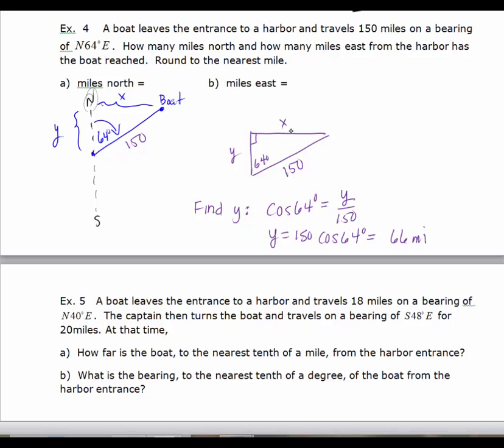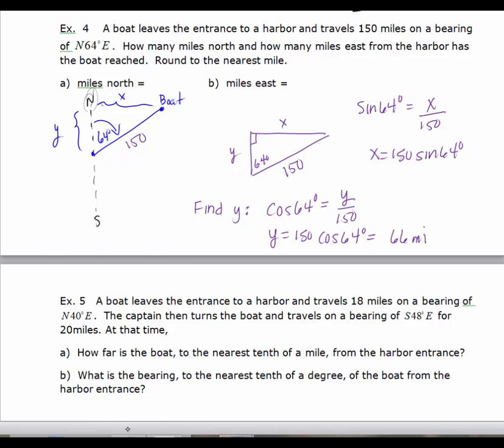And if I want to find x, I know that for x, I have the side opposite my angle and the hypotenuse, so I'm going to have the sine. So I know that the sine of 64 degrees is equal to x over 150. So x equals 150 times the sine of 64 degrees.